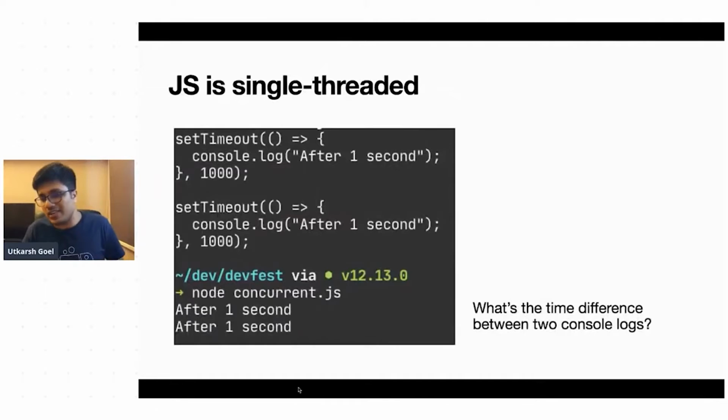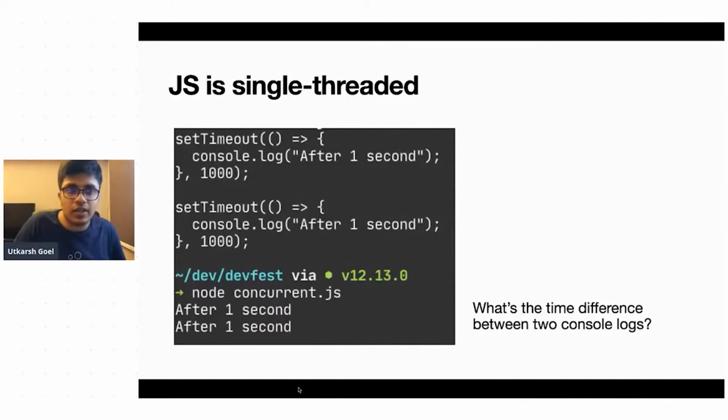Again, JavaScript is single-threaded. Let's wrap our heads around what just happened. We had 2 set timeouts. The program waited for 1,000 milliseconds for each of those set timeouts, and when we run the program, it gives us 2 console logs after 1 second. But there is a key question we ask ourselves here: what's the time difference between those 2 set timeout console logs themselves?